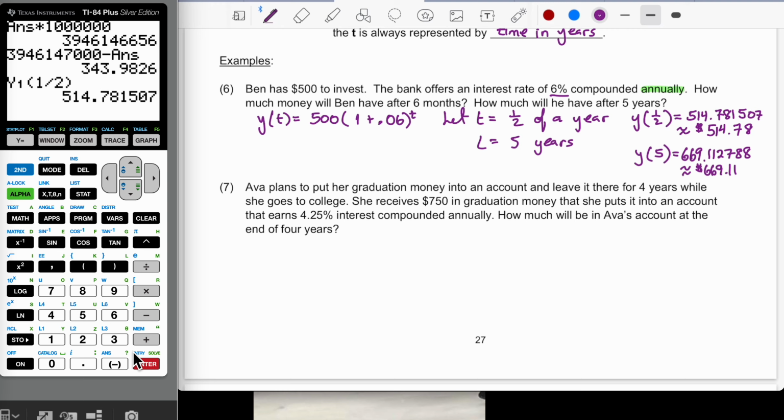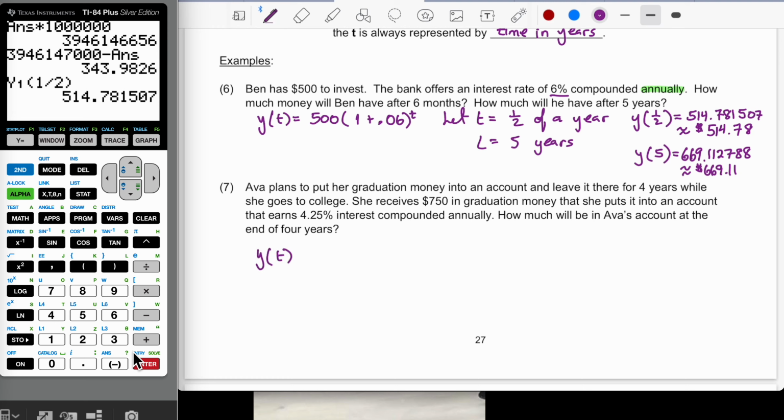Right. So Ava plans to put her graduation money into an account and leave it there for 4 years while she goes to college. She receives $750 in graduation money that she puts into an account to earn 4.25% interest compounded annually. How much will be in Ava's account at the end of 4 years? All right. So because they gave the units of time in years, this is a very simple problem.